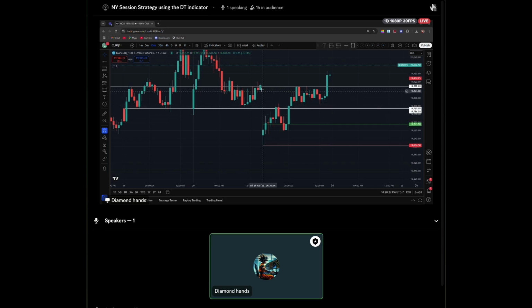In this case, we have a gap here. We could easily take it in here if we held, but it did retrace on us, so we could get a second entry right here. Once we retested this high of the candle, we could take another long entry up to gap fill for RTH.